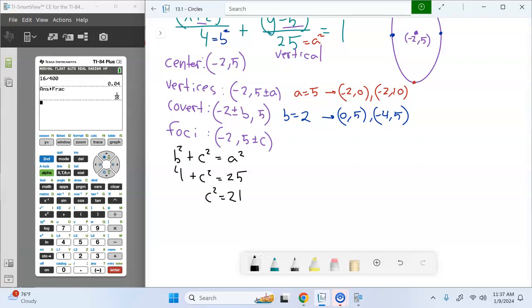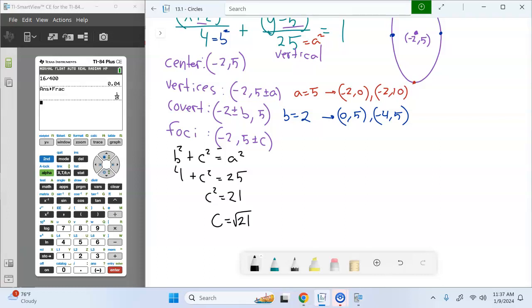No. Most of the time your C value is going to be irrational. There's not a whole lot of ellipses that we can do without getting really huge numbers. A, B, and C would have to be a Pythagorean triple for that to happen consistently, and there are not very many of those. So a lot of times C is going to end up being a radical. So C is the square root of 21.